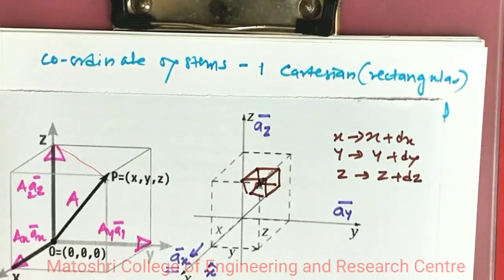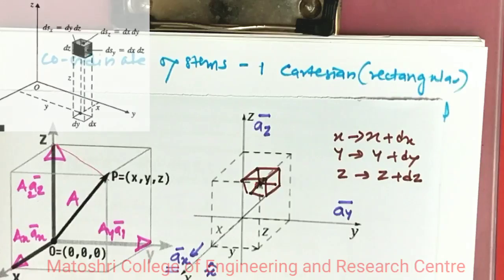This differential volume will have 6 surfaces enclosing a volume, and it has the variation of length along the x axis, y axis and z axis.